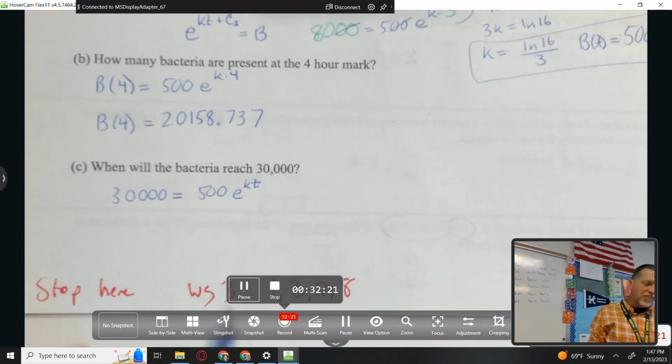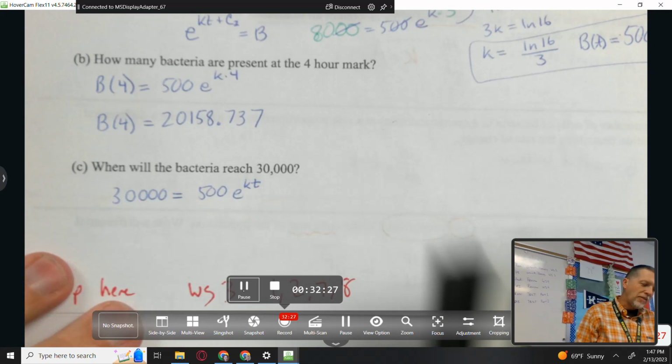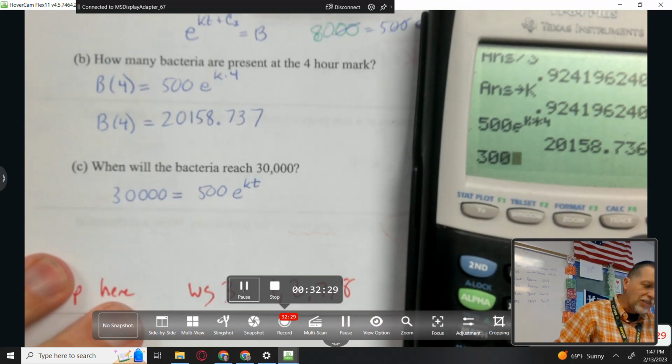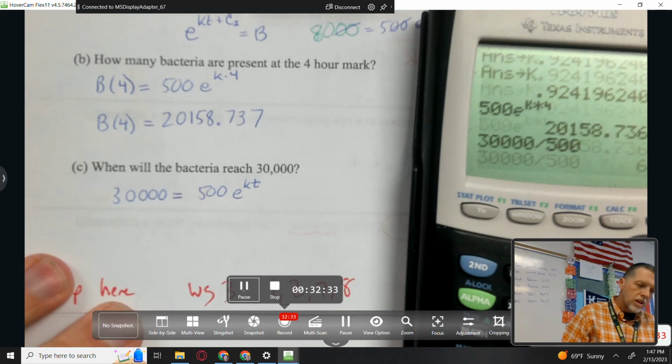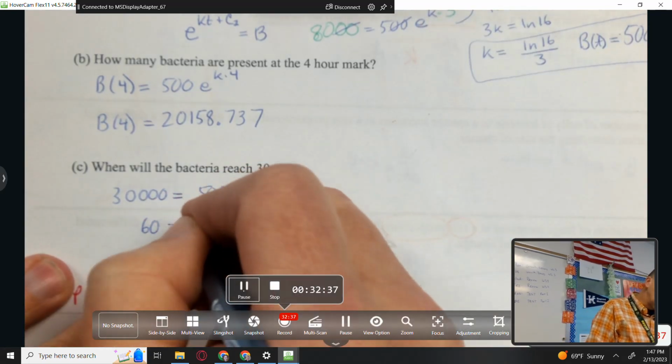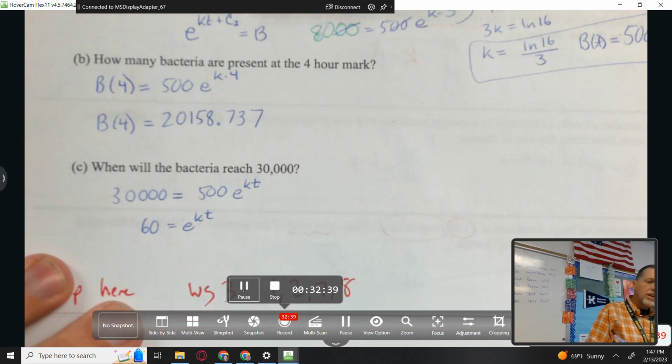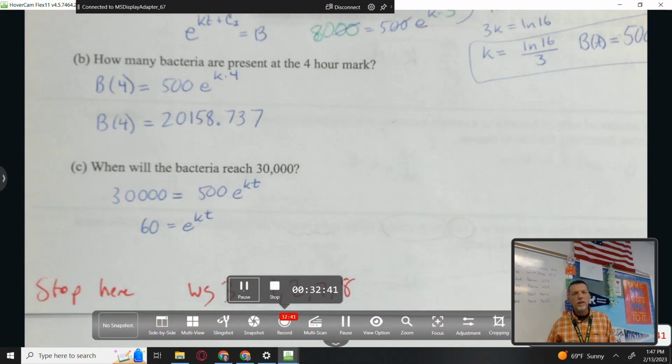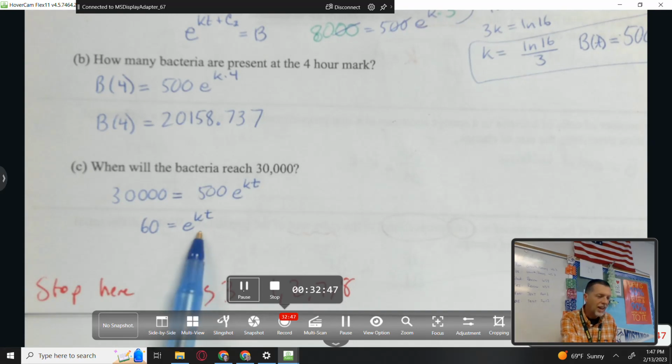I'm going to do this a little bit more algebraically initially. I'm at least going to divide by 500 to give me easier numbers to work with. So 60 equals e to the kt. Now, if you want to graph e to the kt and graph 60 and see where they intersect, that's fine.